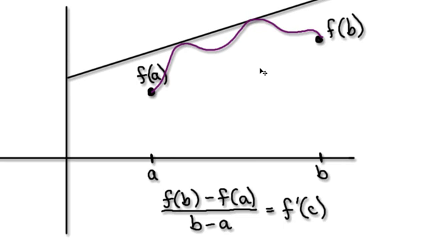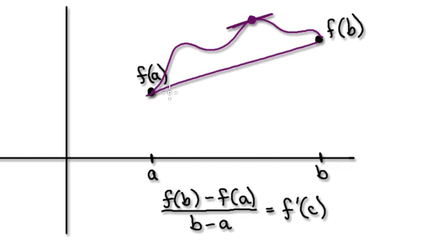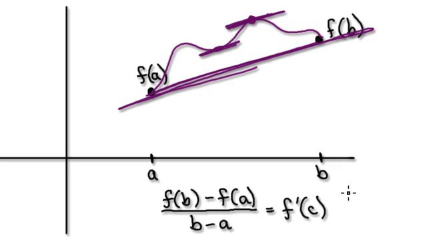Right at this point, there exists at least one where the gradient of the actual function will be the same as the average gradient. You see, this line here is parallel to this line here. There happens to be another one here, but the point is that there exists at least one c somewhere in between.